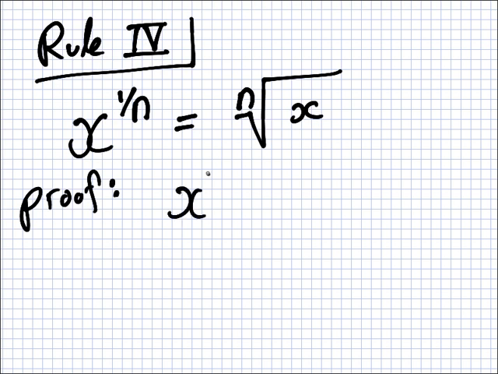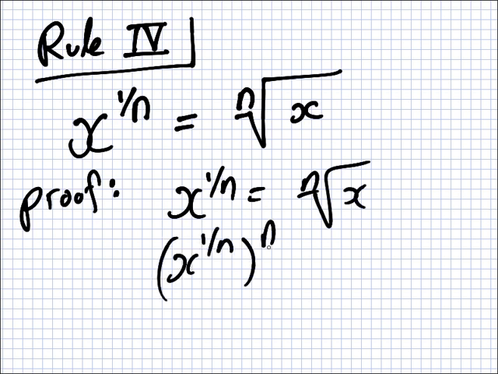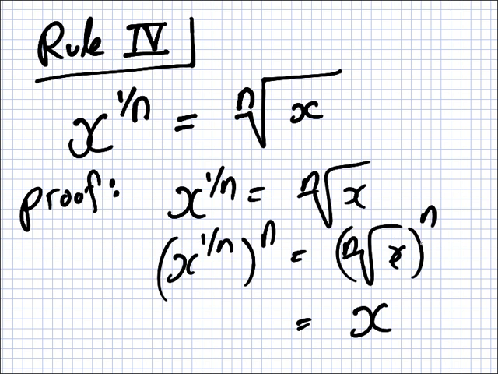so the best way to prove this is you say they're equal, and then you put power n on both sides. Now this here has to equal x, because if you have the nth root of x, power n, it has to be giving you x back.